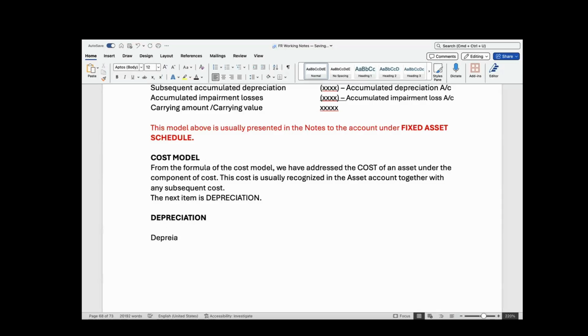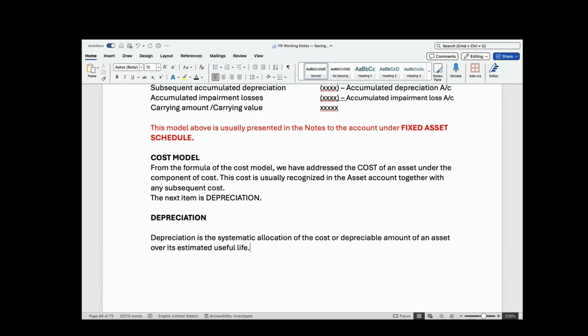So depreciation is the systematic allocation of the costs or depreciable amounts of an asset over its estimated useful life.